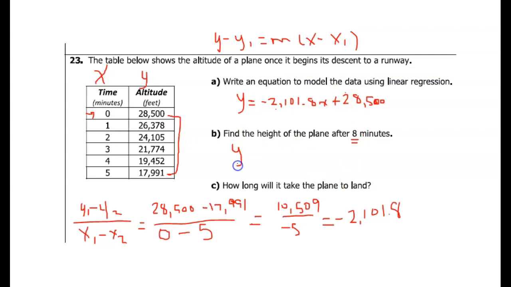So I take y equals negative 2,101.8 times 8 for my 8 minutes that passed, and add that to 28,500. Now my answer better be less than 17,991, right?